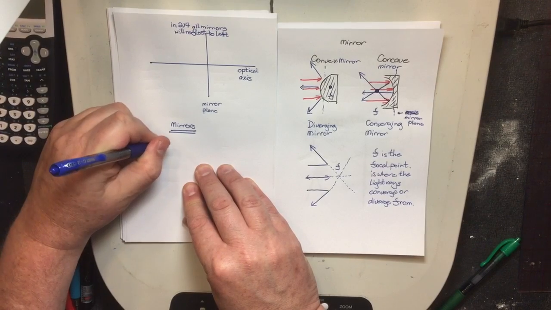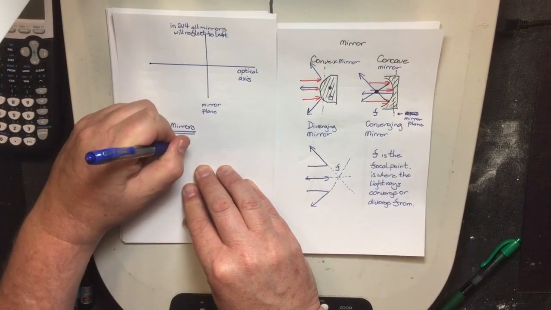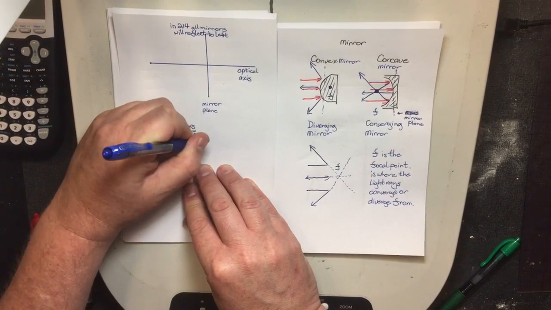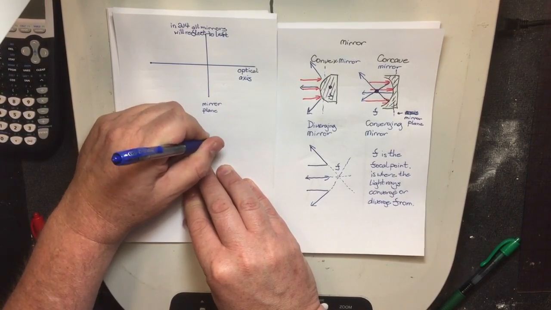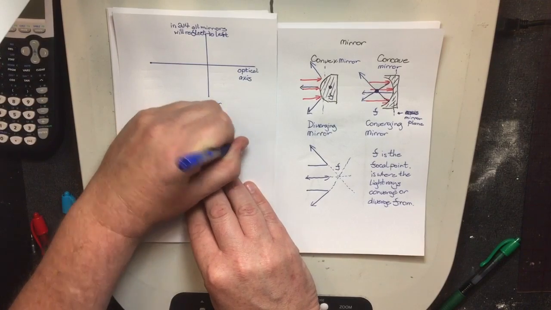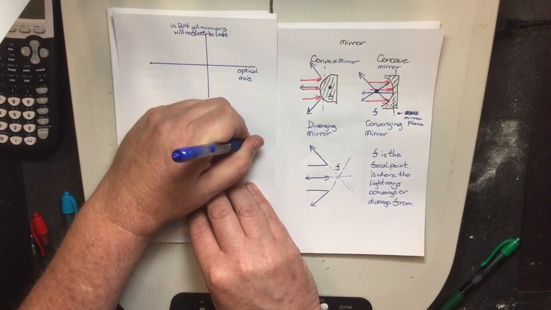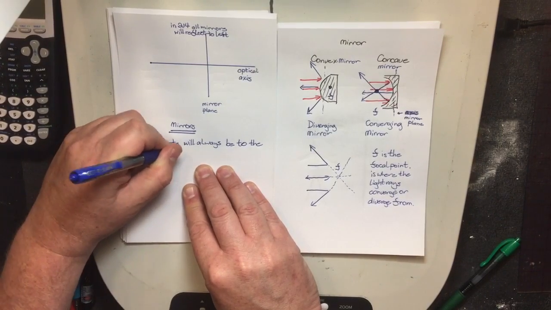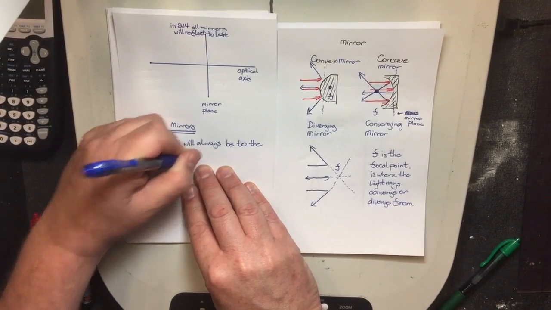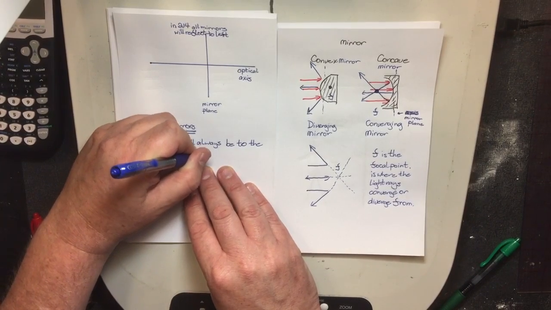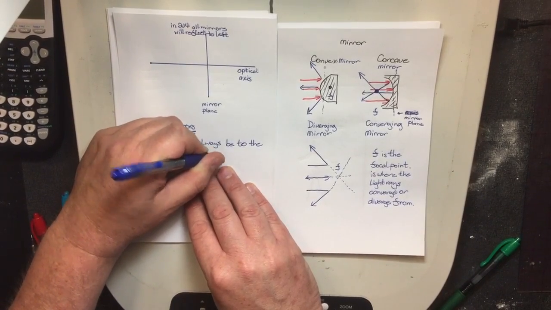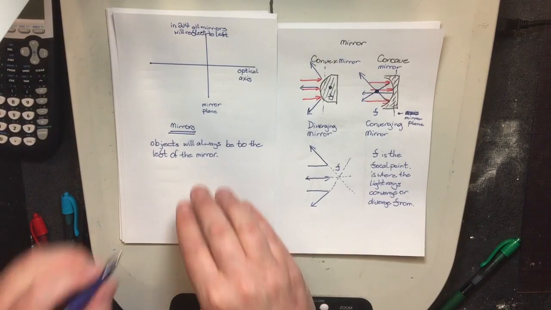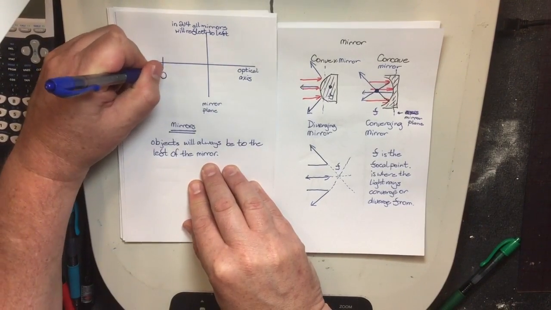Objects will always be to the left of the mirror. In our world, it is. So the mirror reflects to the left.